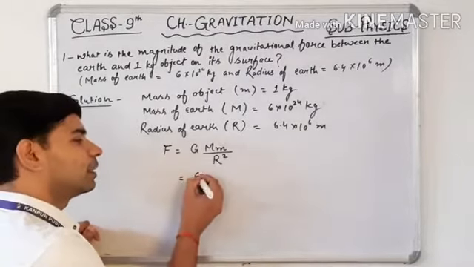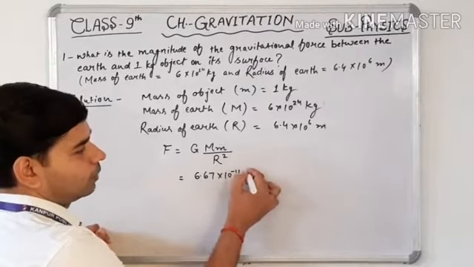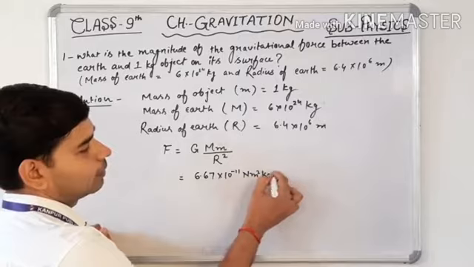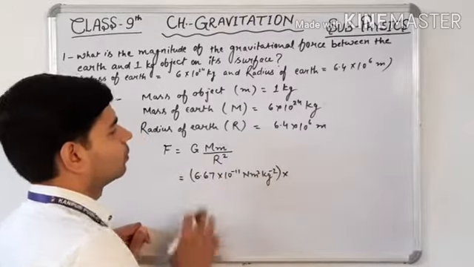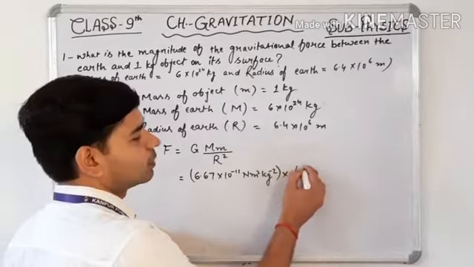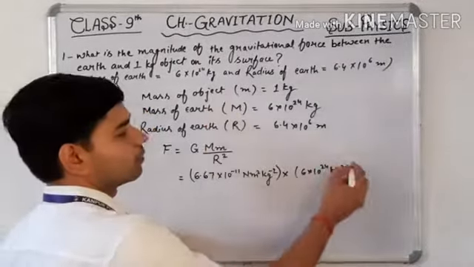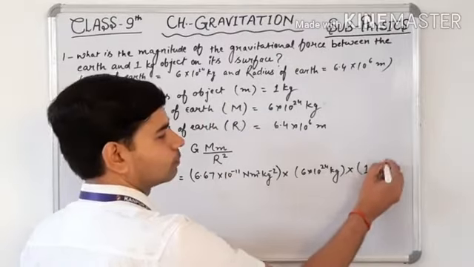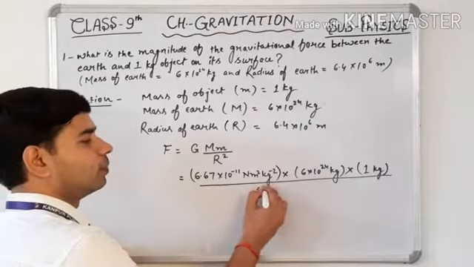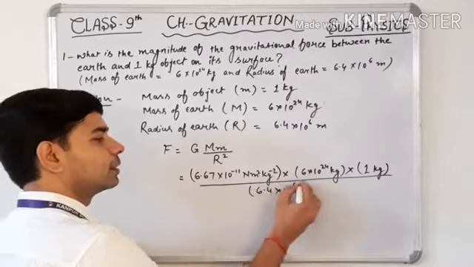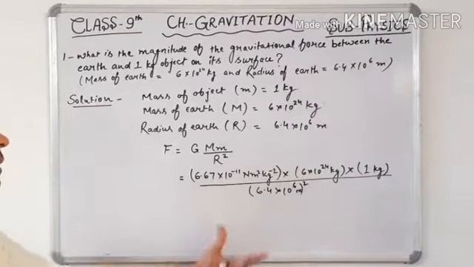The value of capital G is 6.67 into 10 to the power minus 11 Newton meter square per kg square into capital M, mass of earth, 6 into 10 to the power 24 kg into small m, mass of object 1 kg upon R square, radius of earth square, means 6.4 into 10 to the power 6 meter whole square. Now calculate this value.